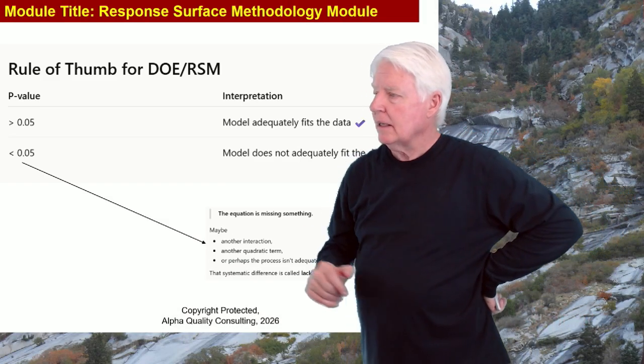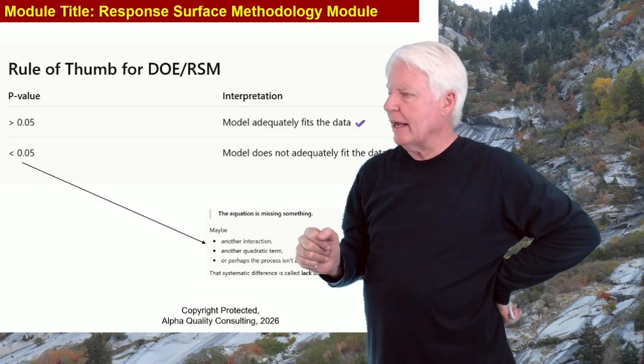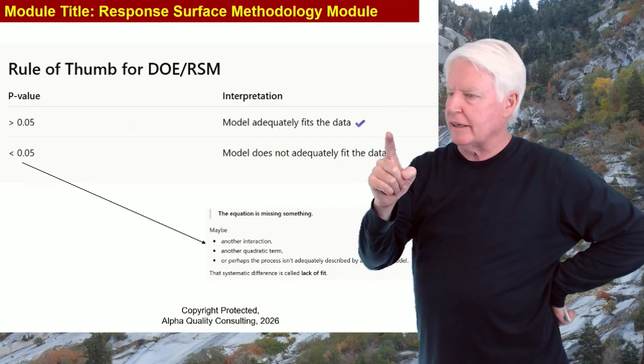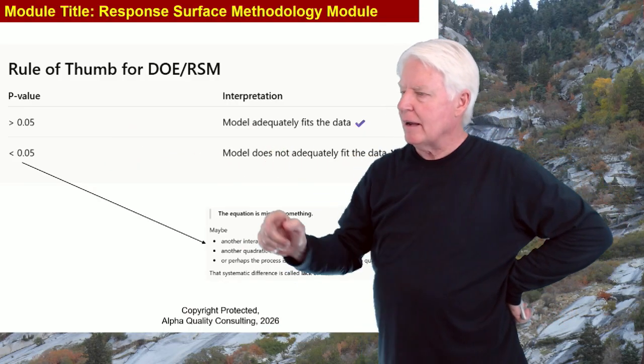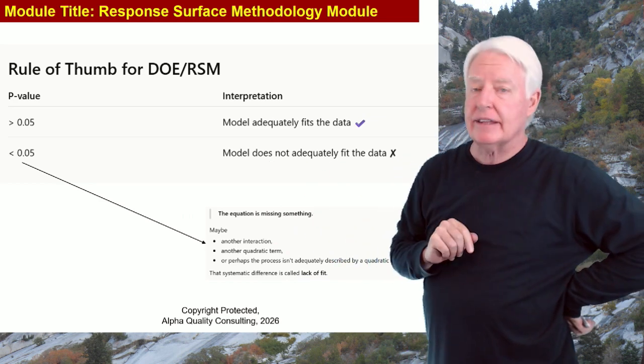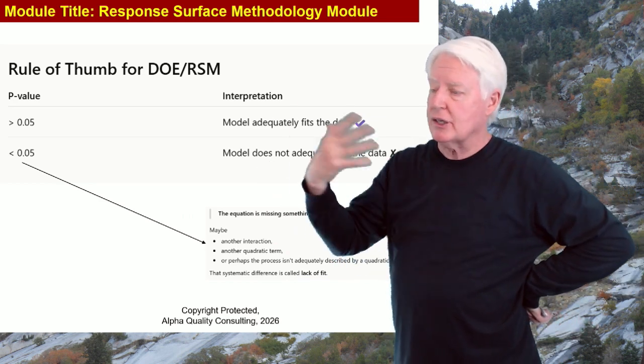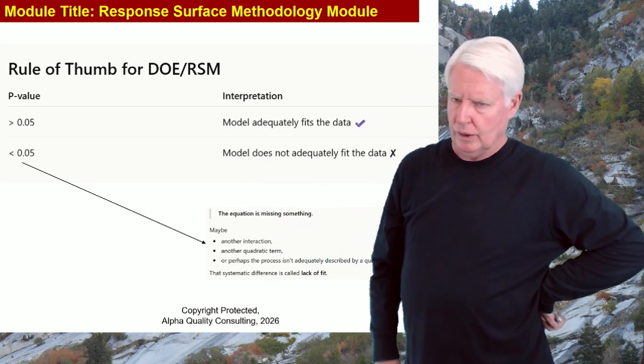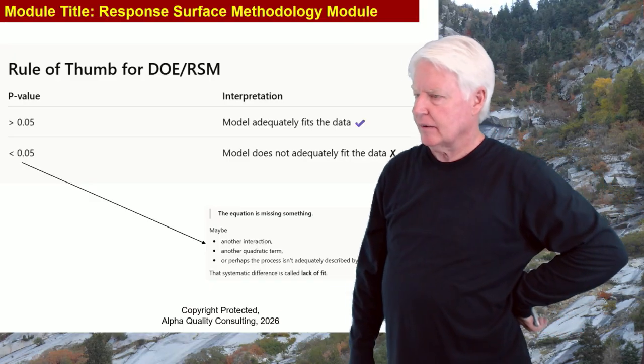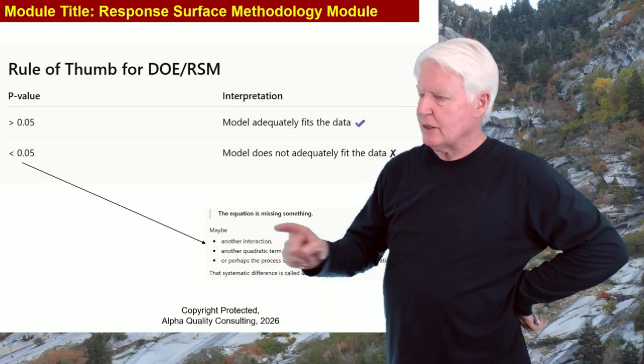Rule of thumb: p-value greater than 5%, the model adequately fits the data. Less than 5%, the model does not adequately fit the data. You have enough evidence to reject the null hypothesis, which was that the data fits. So it doesn't. The equation is missing something.